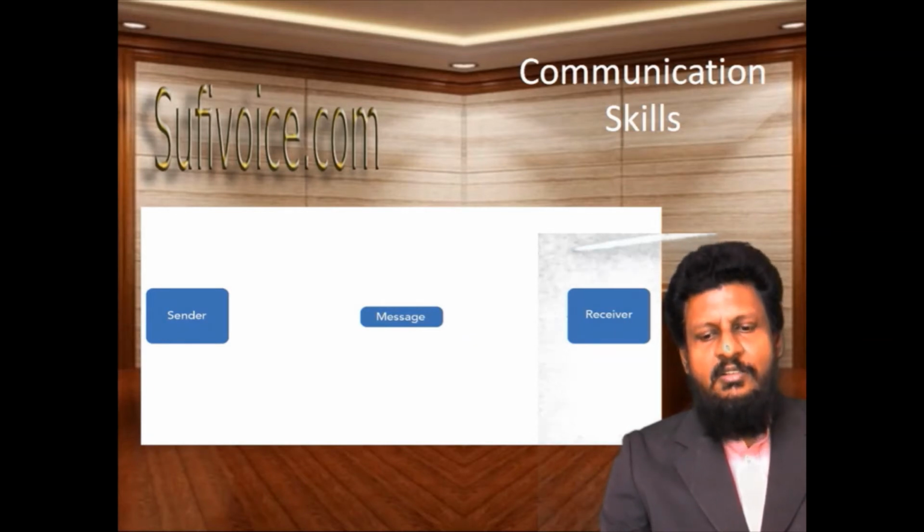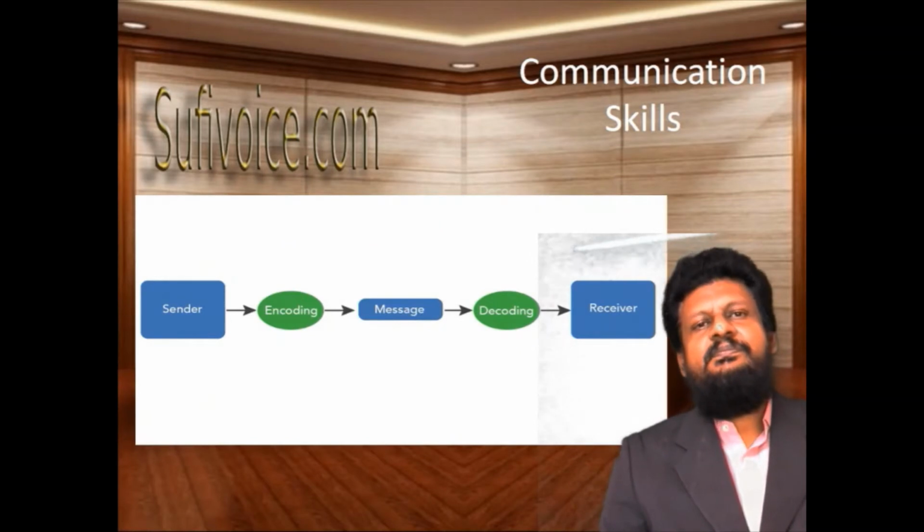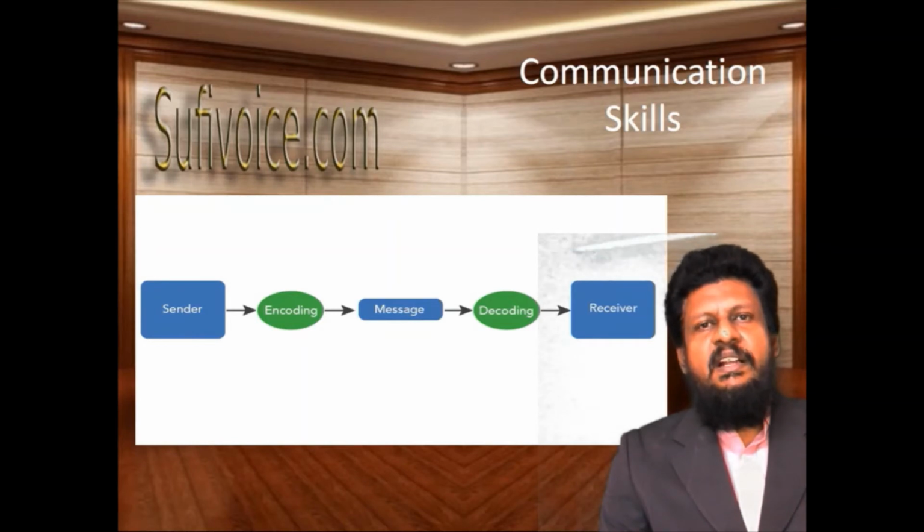Now, how does this exchange process happen? For example, let us take A and B. A wants to communicate something to B. So what will he do? Whatever the message, whatever the thought A has in his mind, he will encode it in a language.